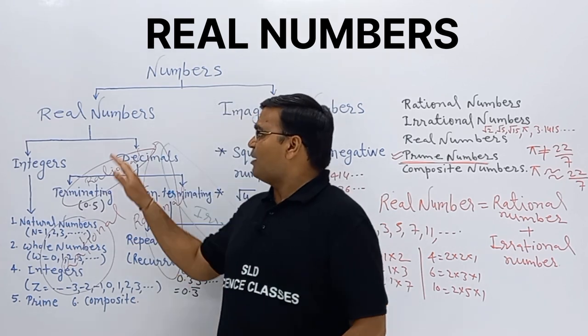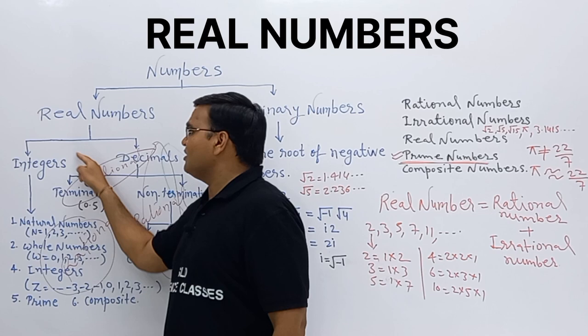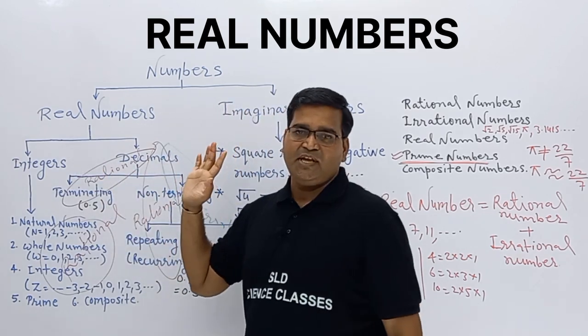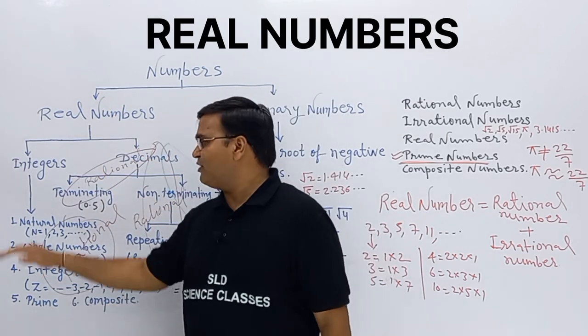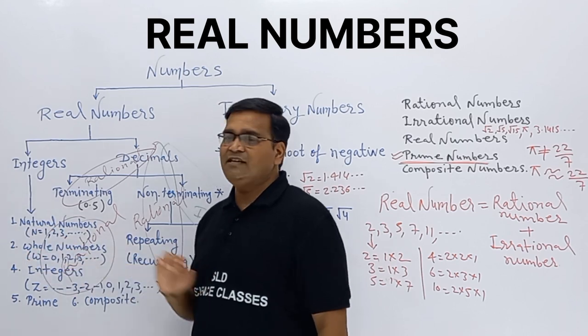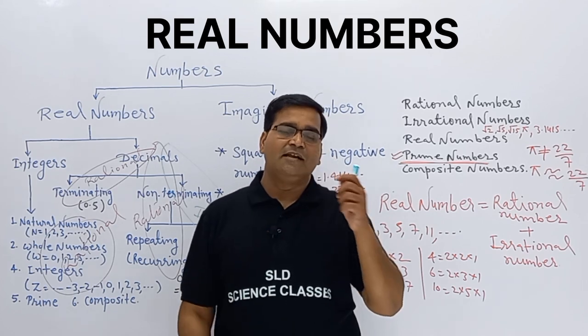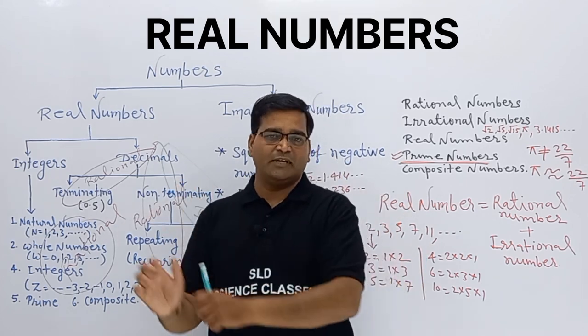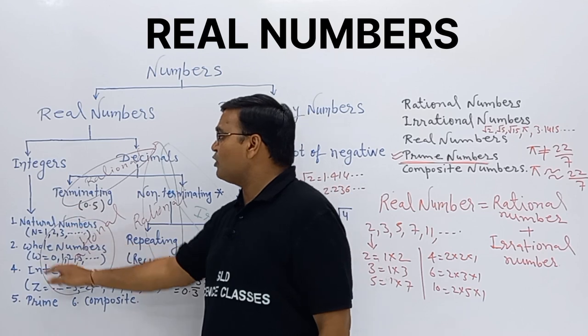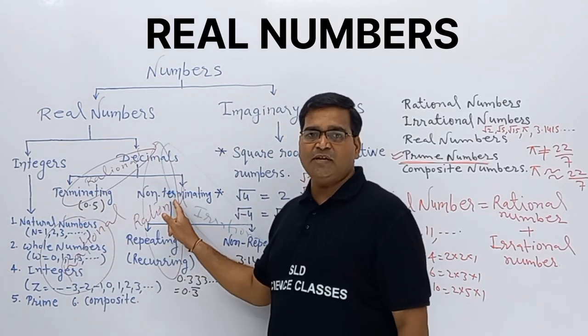On the number line we have integers and decimals. Integers are complete numbers like natural numbers, counting numbers, whole numbers, which are counting numbers with 0, and integers, which are negative counting numbers, 0 and counting numbers. Clear? So these are all rational. The remaining decimals are terminating or non-terminating.